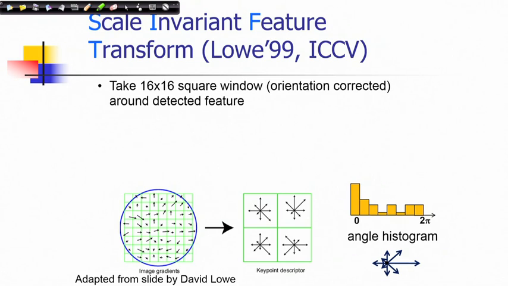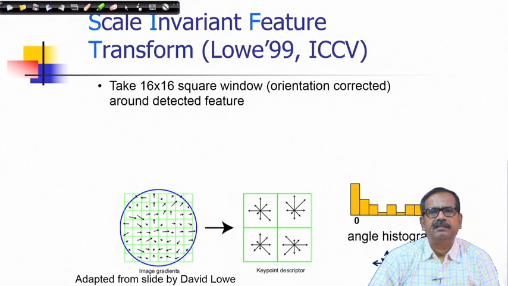Once we have detected a key point, around that key point we can take a 16 cross 16 square window. You should note that it is orientation corrected. That means, once you have the dominant orientation around a key point, you perform the rotation to align it with your reference axis, for example the x axis.